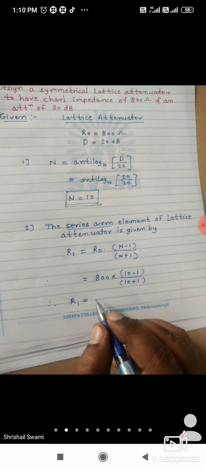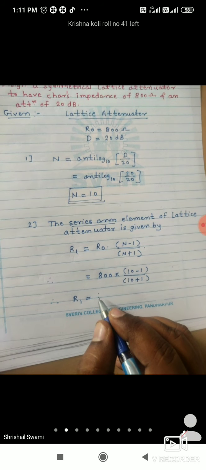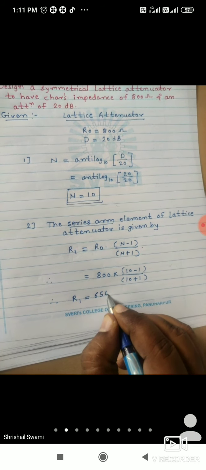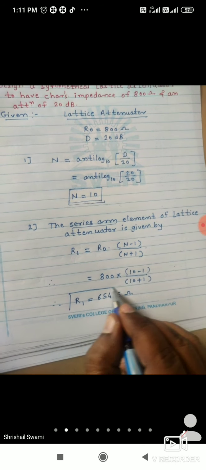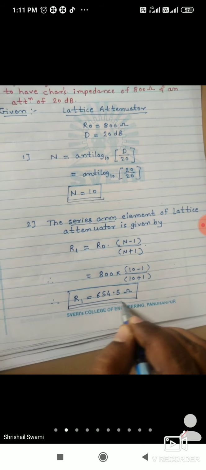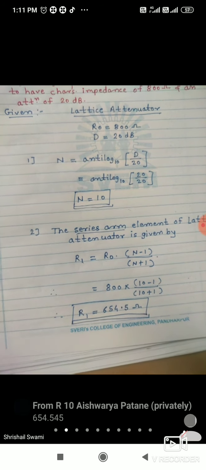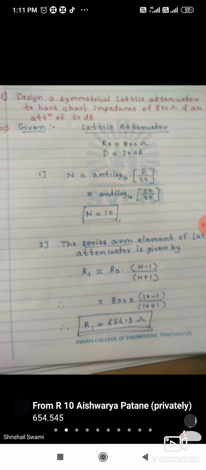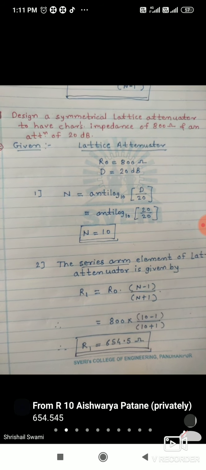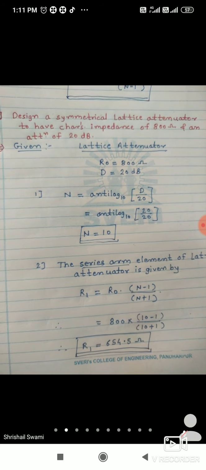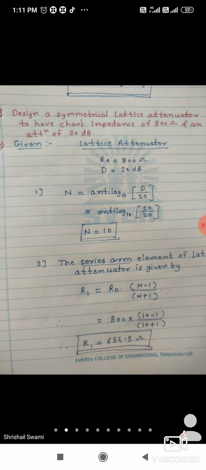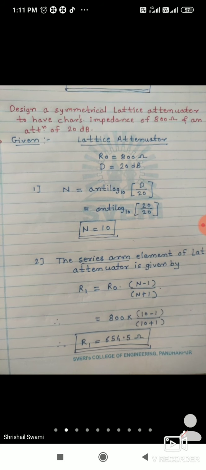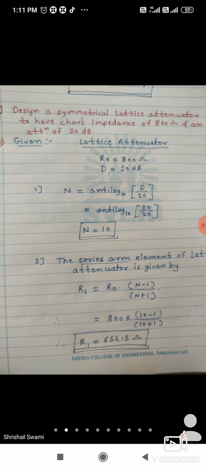R1 is equal to 654.5 ohm. So this is the answer for R1. What are the other students doing? You may not have a calculator, but don't take advantage of online lectures by not keeping a calculator with yourself. So R1 is equal to 654.5 ohm we got.